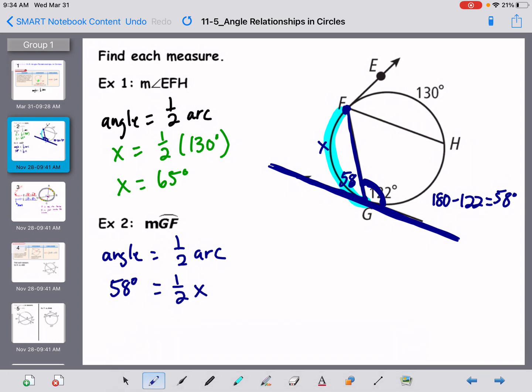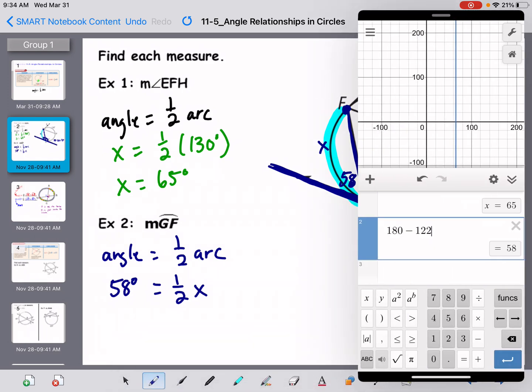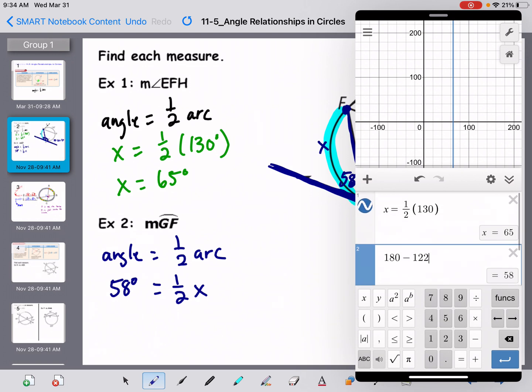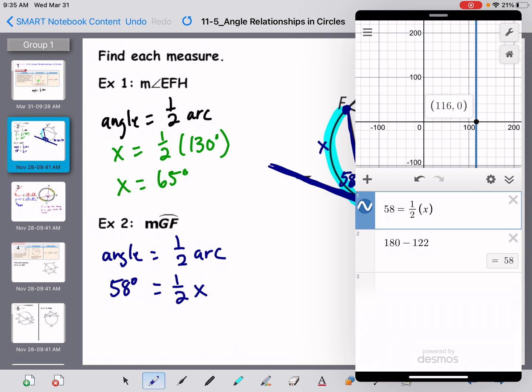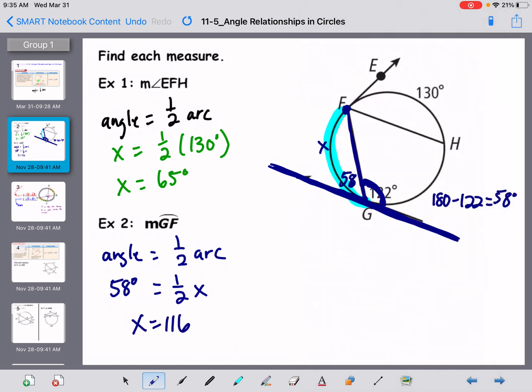So now I'm going to go back to Desmos, and I'm going to switch this to 58, and I'm going to switch this to X. So X equals 116 degrees. All right, same kind of thing. The picture just looks a little different.